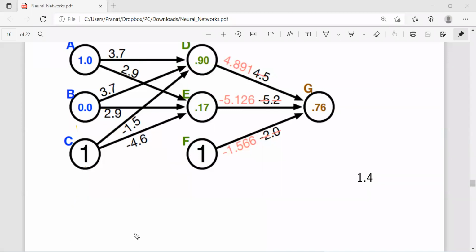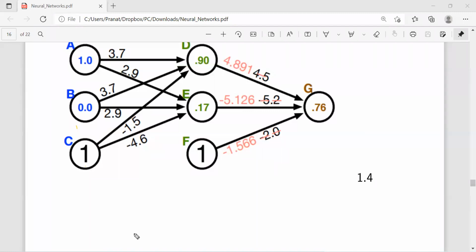Then we have to change weights such that they minimize errors, or so that the ball rolls down the hill. Remember, we have to choose weights such that the ball rolls down the hill.